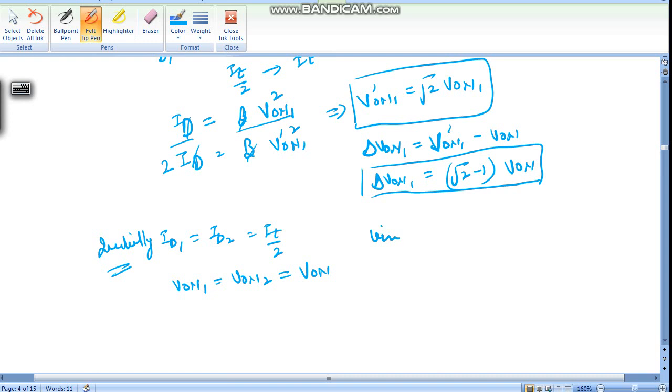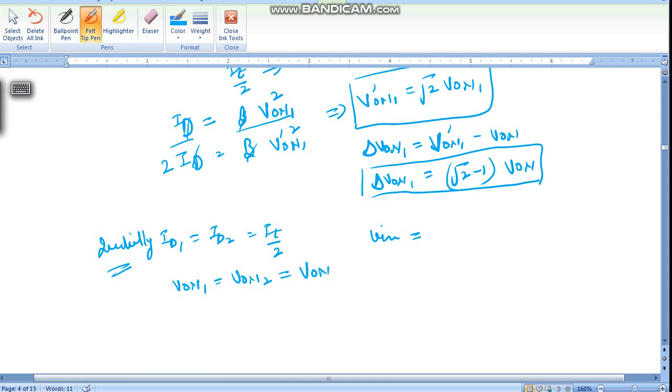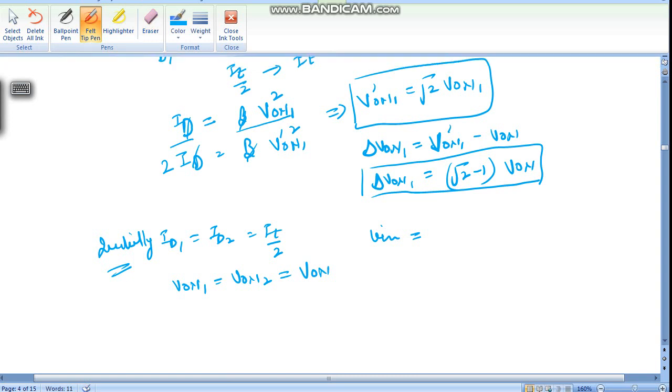Okay, so V in differential voltage required is delta V on 1. So we can say delta V in. So delta V in or V in required, how will we write this? So this is VG1 minus VG2. So this is delta V in or differential voltage.